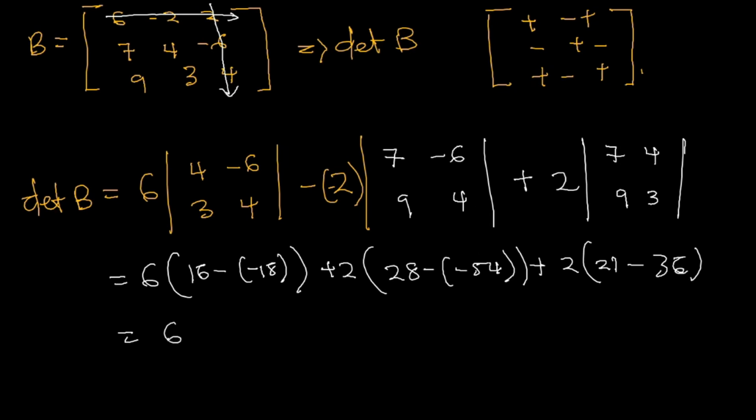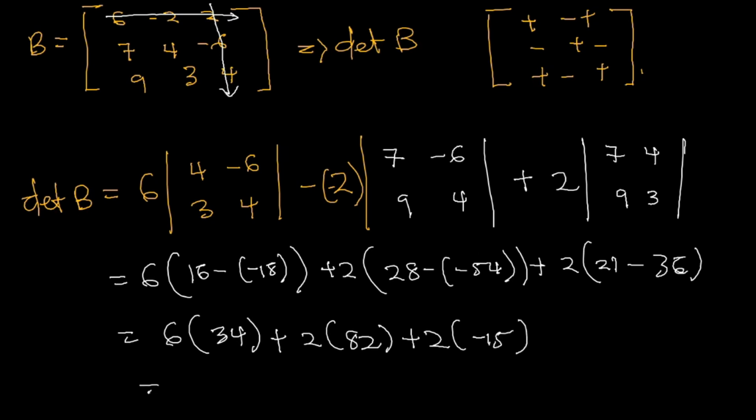So I have 6 into bracket 16 plus 18 will give me what? 34. Plus 2 into bracket 28 minus 54 will give me negative 26. Plus 2 into bracket, this will give me 2 into bracket negative 15.